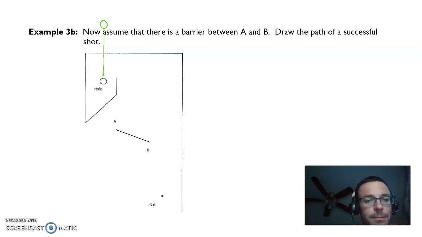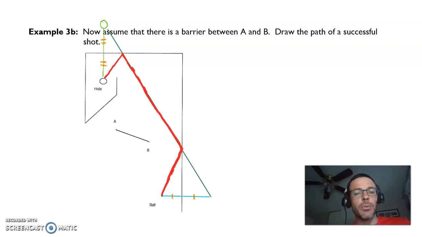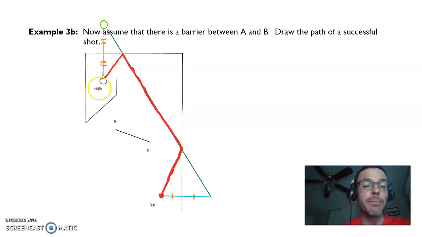Alright, so what I have here is the final route is that red one that I sketched over. You have to find not only an angle and use the reflection of the hole here, you also have to use a reflection of the ball. So if the ball was here, I'm going to have to reflect the ball over this wall, because I'm going to have to bank off that wall and then bank off that wall.